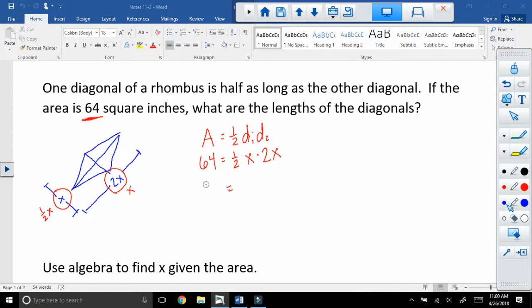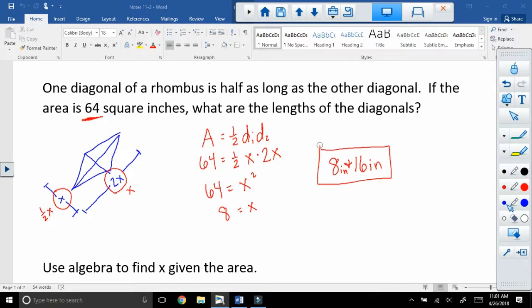When I'm simplifying this then, this would be 64 equals x squared, or x equals 8. To answer the question then, it says what are the lengths of the diagonals? These diagonals would be 8 and 16. Make sure you include units on those. Those would both be inches.